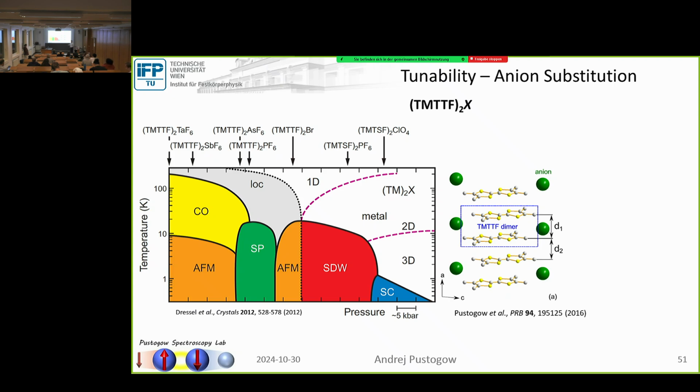This means that you don't have quasi-particles, but you have power-law dependence of conductivity and all these other properties. So you don't have this T-square dependence of resistivity, for instance. You can study this 1D physics, and people did even see spin-charge separation as predicted. But all this was done more than 20 years ago.